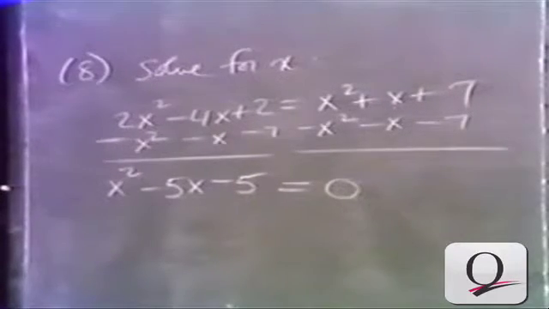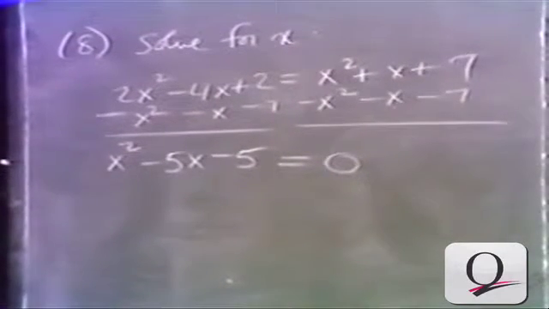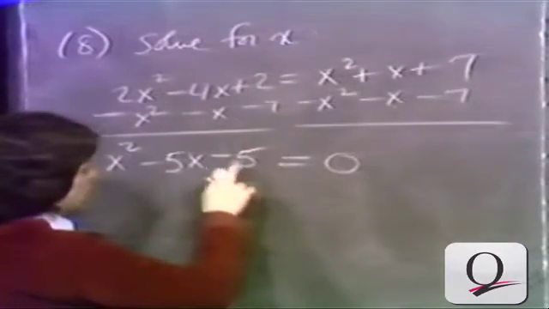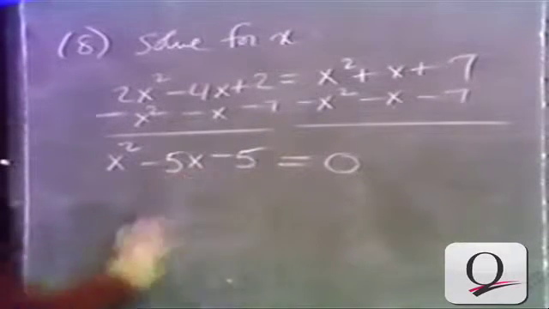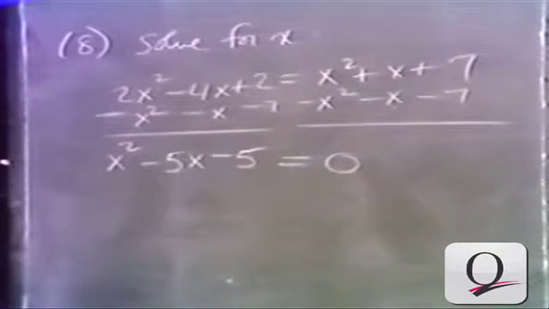All right, now we could try to solve this by factoring, in which case we'd need two numbers which multiply to minus 5 and add to minus 5, and you're not going to find two integers which do that. So rather than going to completing the square, let's go right to the quadratic formula.